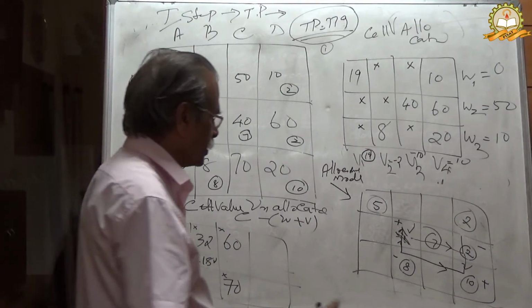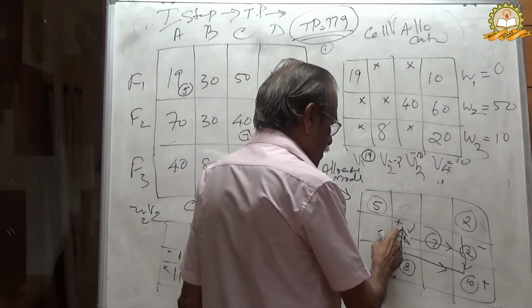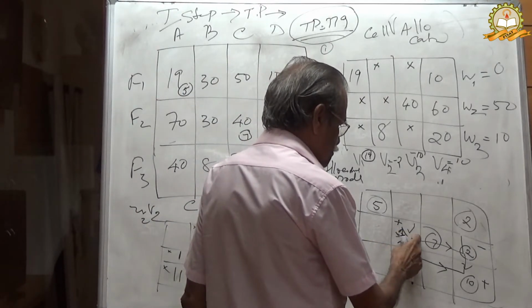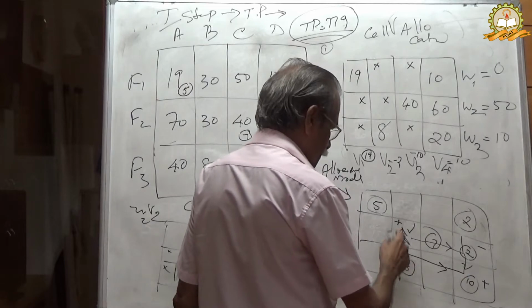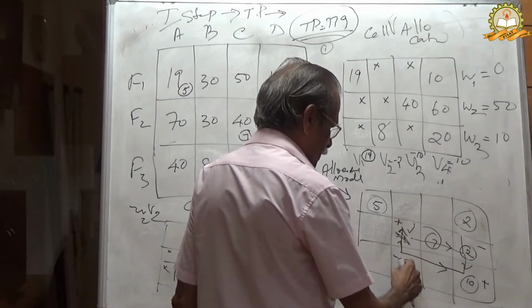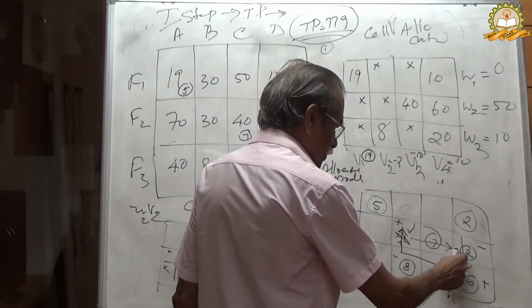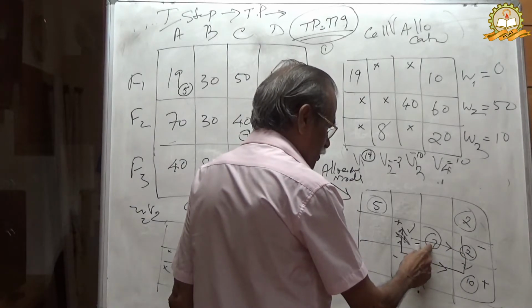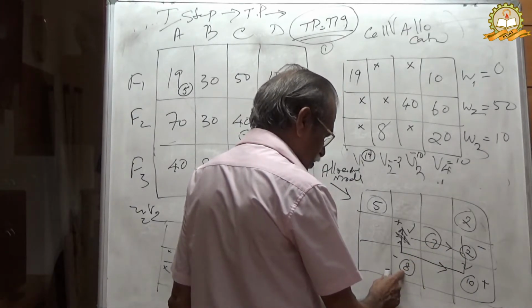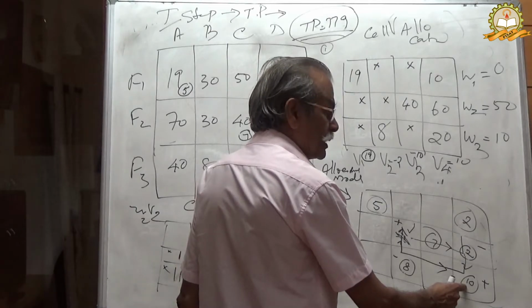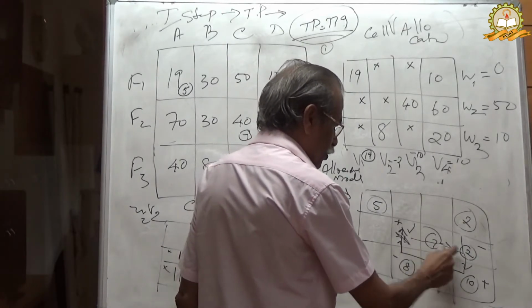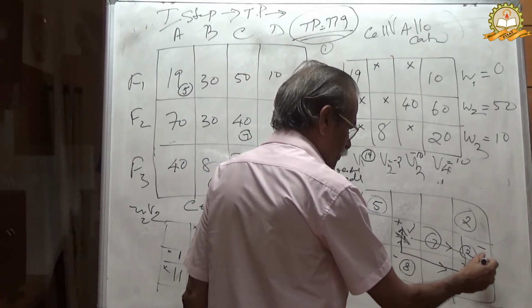You can see here, this is the starting point, this is your path. This is an allocation made initially, this is an allocation made, 10 is also an allocation made. Here the lowest allocation is 2.